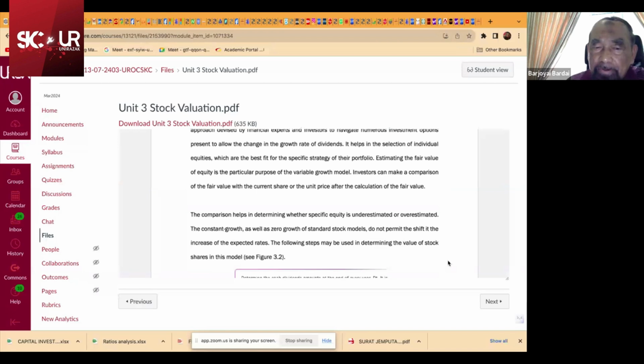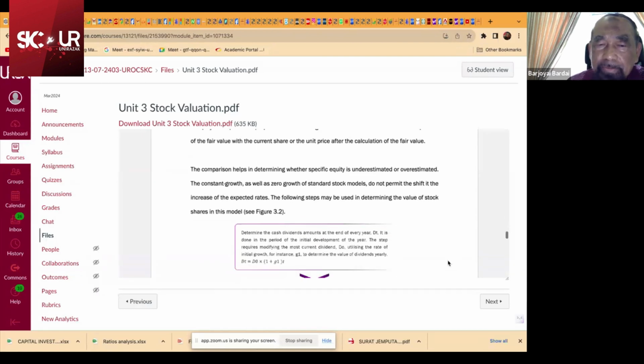Estimating the fair value of equity is the particular purpose of the variable growth model. Investors can compare the value with the current share price after calculating the fair value. The comparison will help in determining whether a specific equity is undervalued or overvalued.